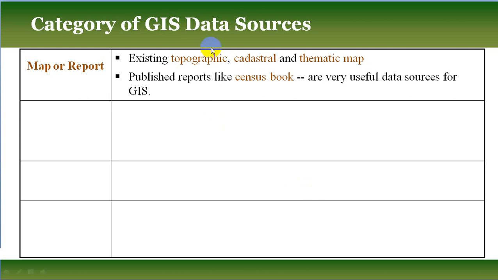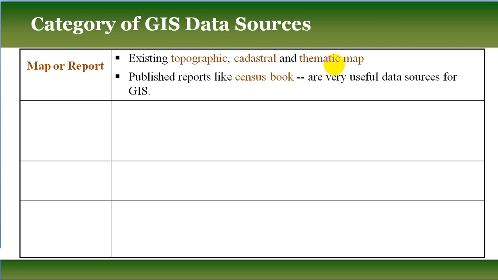So any existing topographic map, cadastral map, or thematic map, for example a population map, a cadastral map, for example a property boundary map, a topographic map, for example a topo sheet where you can see the contour lines. Those sorts of existing maps you can use.